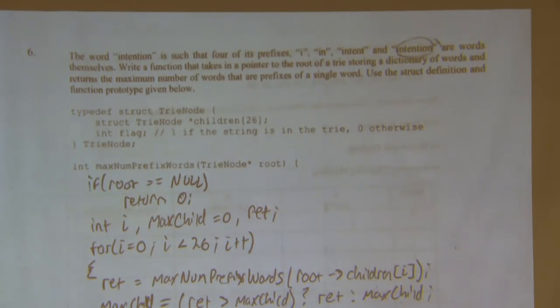If you inserted "in", at the n there was one count, and then you inserted "intent", there's one at the n and then one at the t. You're just counting up each one of those. Yeah, we're basically traversing down each word and counting up however many ones we see, and then figuring out the maximum number of ones we saw when we went down any one specific word.